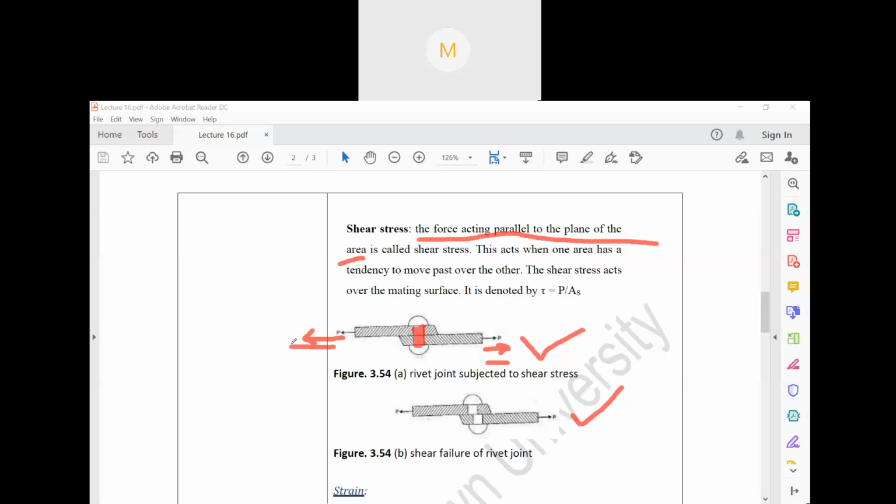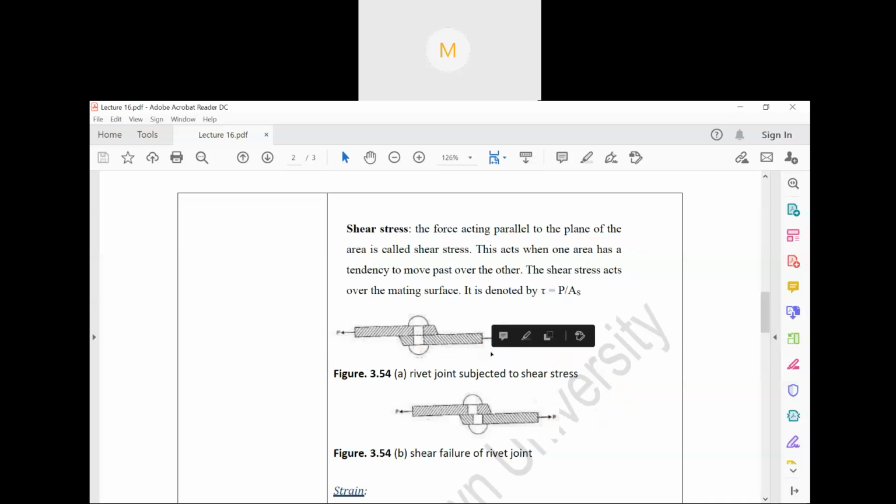If these two are parallel forces, then what will happen? You are applying force here, you are applying force here. Look at this deformation of the figure, in the second figure 3.54. It gets deformed, right?